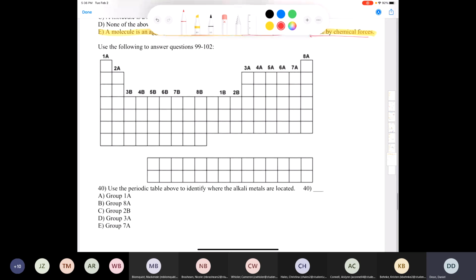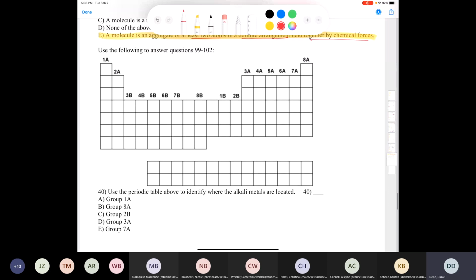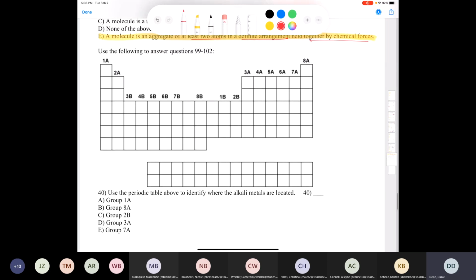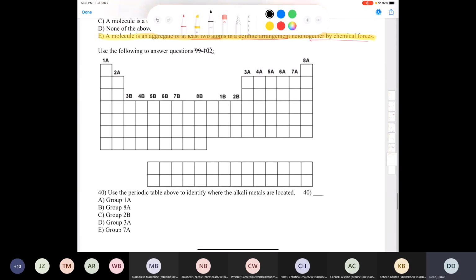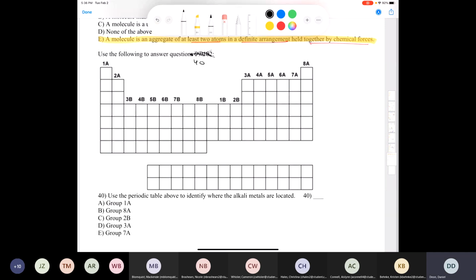Well, let's use the periodic table to help us solve the last few questions here. It's not questions 99 to 102, is it? That doesn't make any sense. It's question 40 is the only one we need it for. So let's change that up. So just to solve the last question, solve question 40. It asks you to identify where the alkali metals are. And you should memorize that group 1A is where the alkali metals are found.